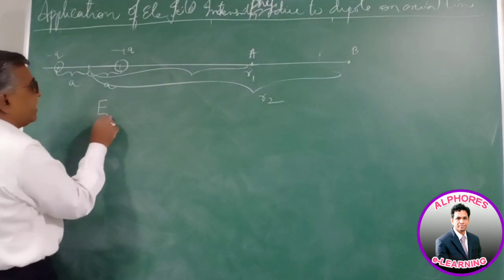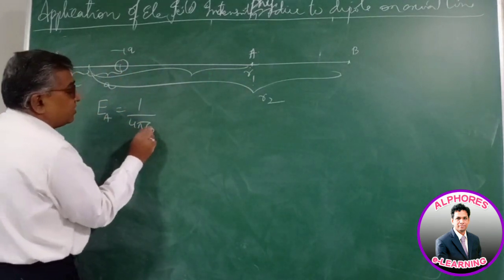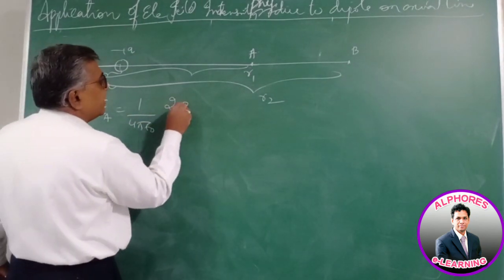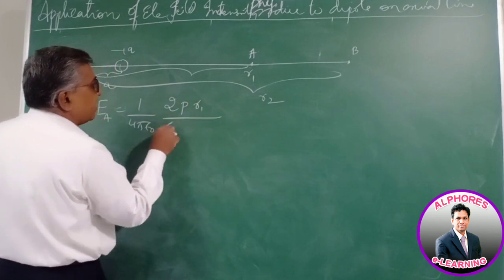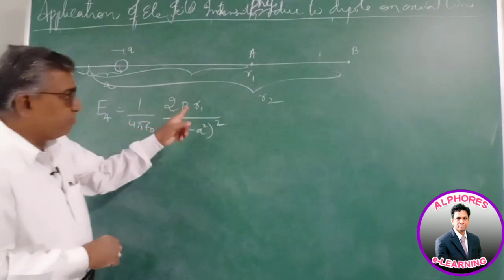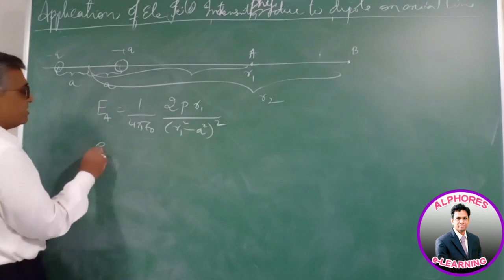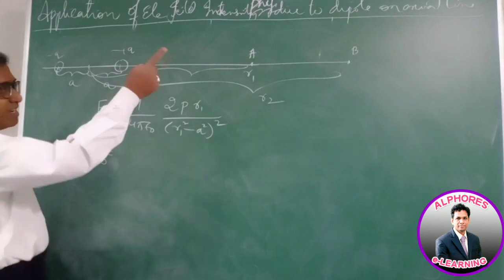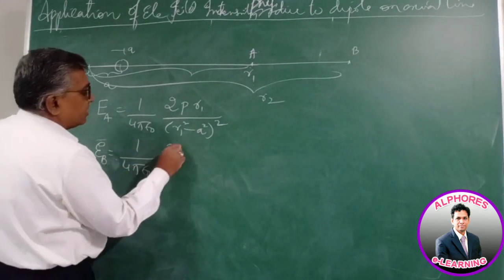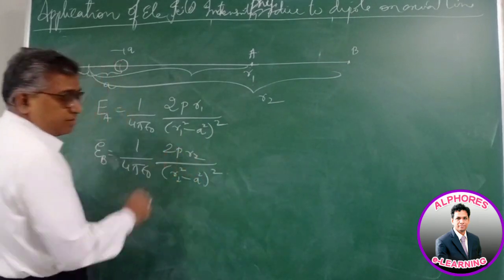Electric field at point A, at distance r1, is 1 by 4 pi epsilon naught. You know that for a dipole of considerable length, the electric field intensity is 2p into r by (r square minus a square) whole square, where p is the dipole moment. Similarly, electric field at the second point, at distance r2, is 1 by 4 pi epsilon naught into 2p r2 by (r2 square minus a square) whole square.